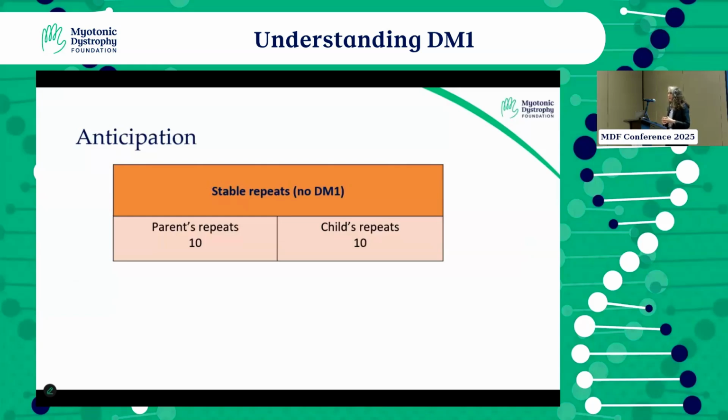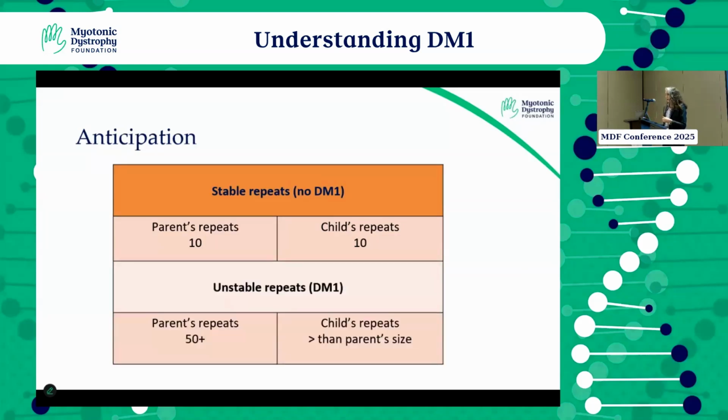Without DM1, the repeats are stable. This is an example of a parent who has 10 repeats. They do not have DM1, and they will pass on 10 repeats to their child. However, in DM1, those repeats are unstable. So if a parent has 50 or more repeats, then their child's repeat size is going to be more than that.